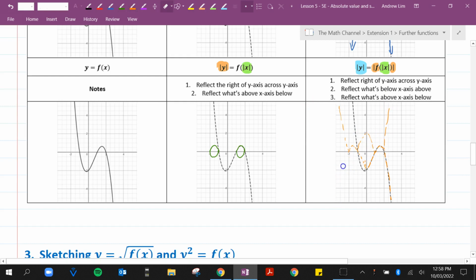Might as well get rid of all this. And then reflect what's above below. So all of this will now be reflected. Like so. Alright.